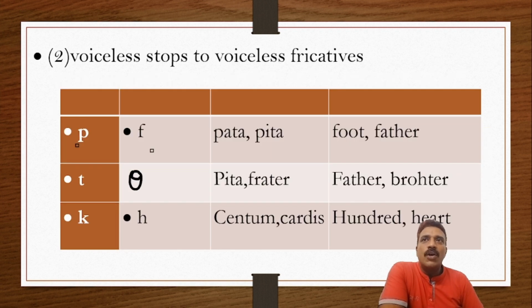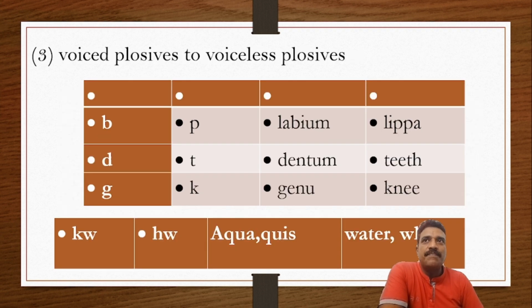The second one, voiceless stops to voiceless fricatives. P to f, that is pada to foot, pita to father, frater to brother. K to h, centum to hundred, cardis to heart.